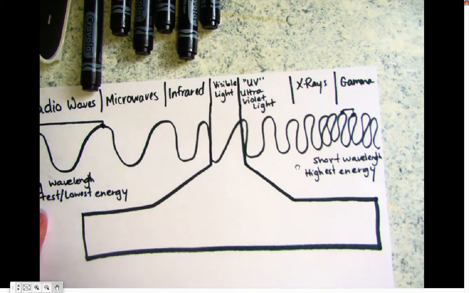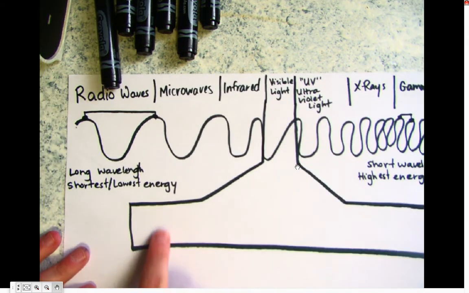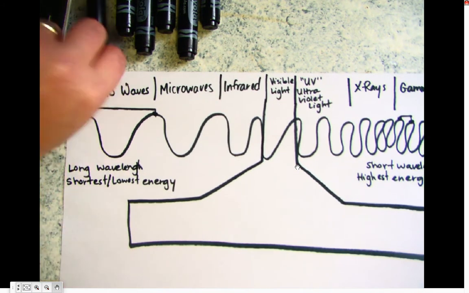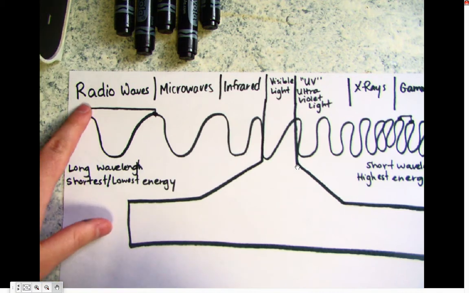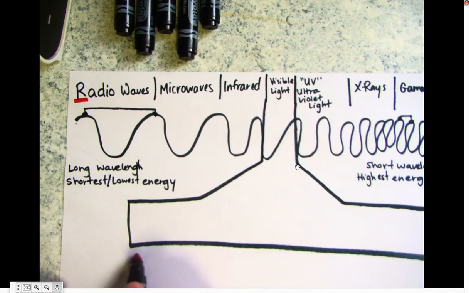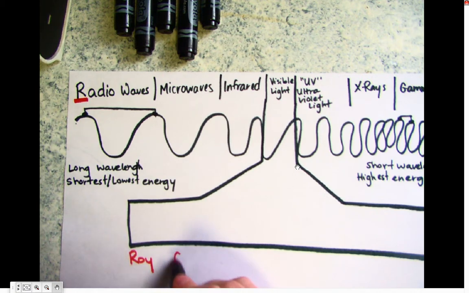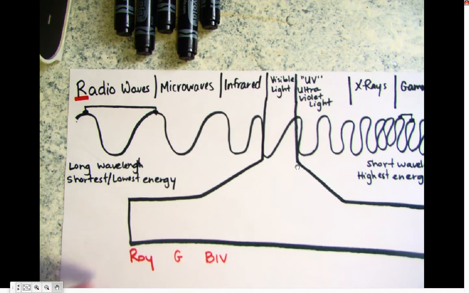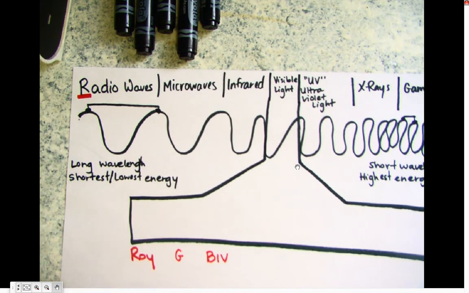Now what color goes down here? Associate radio waves, which starts with the R. And we've got Roy G. Biv, right? So R, put red at this end.